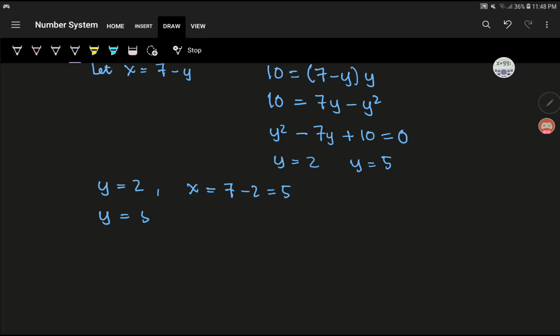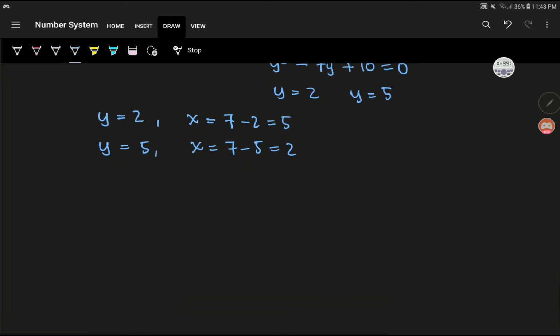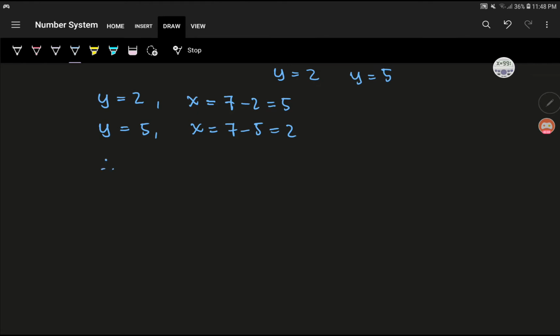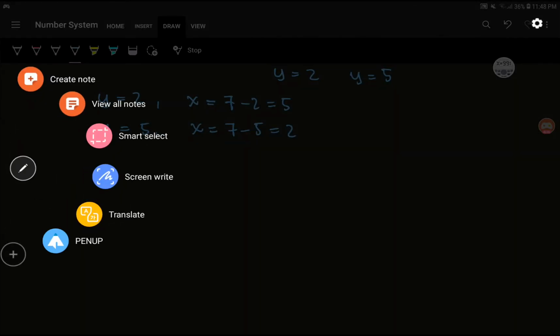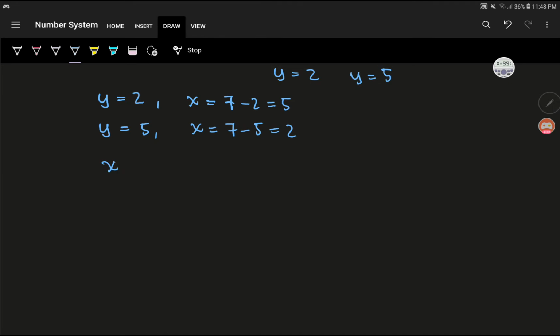And then when y equals 5, x is 7 minus 5, which is 2. So now we have our answer: x equals 2, y equals 5, and x equals 5, y equals 2.